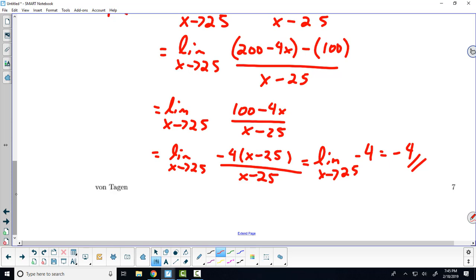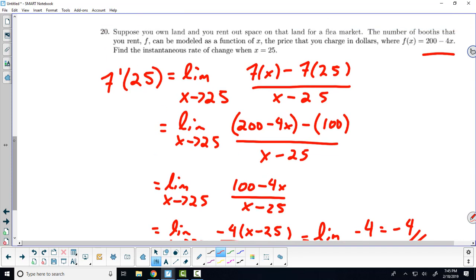Okay. I want to interpret this. Okay? The units on this are booths per dollar. Because look at the way this was constructed. F measures the number of booths, x measures the number of dollars. Okay?